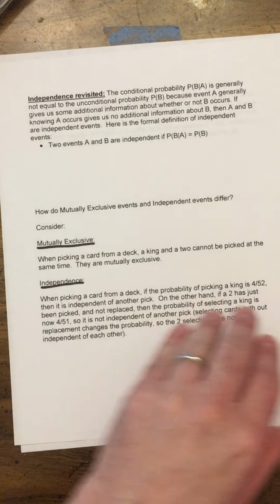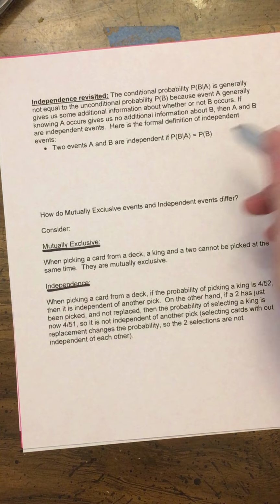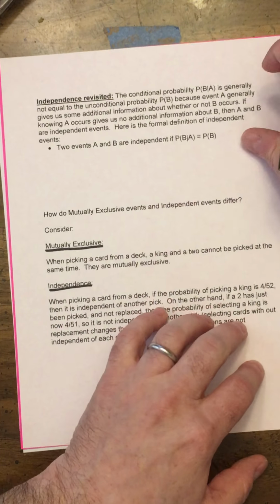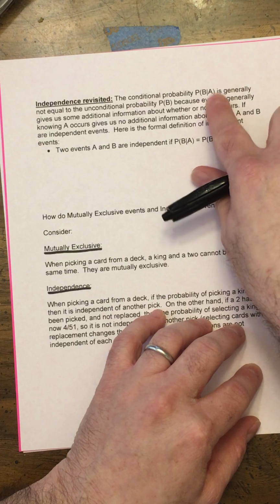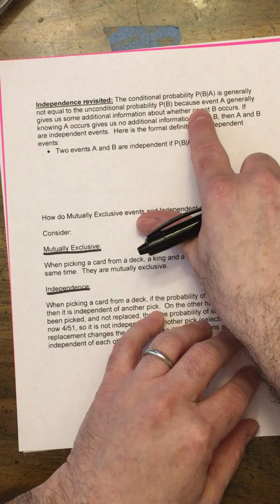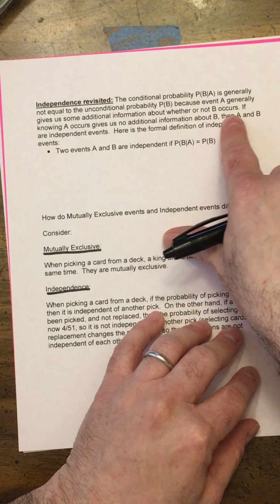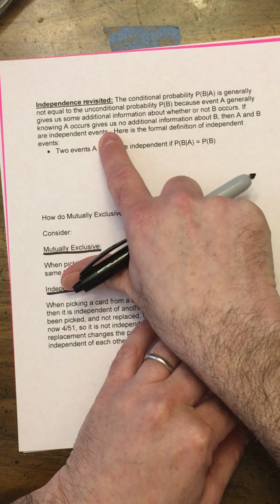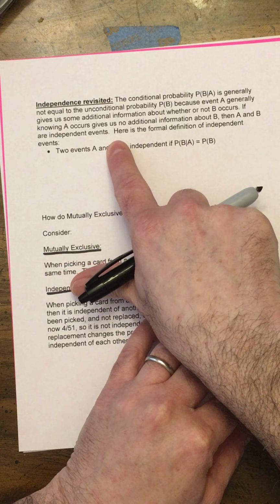And now we're going to take a look at independence. The conditional probability, the probability that B occurs given A has already occurred, is generally not equal to the unconditional probability, the probability that B occurs, because event A generally gives us some additional information about whether or not B occurs. If knowing A occurs gives us no additional information about B, then A and B are independent events.